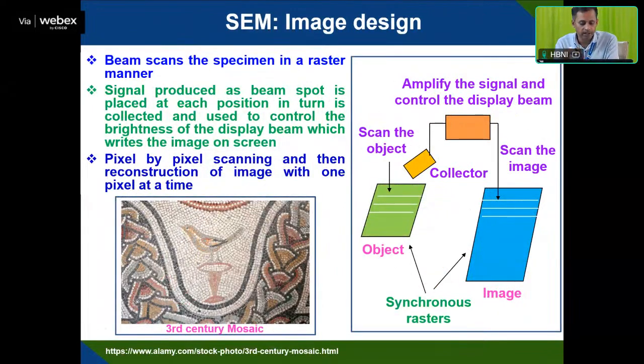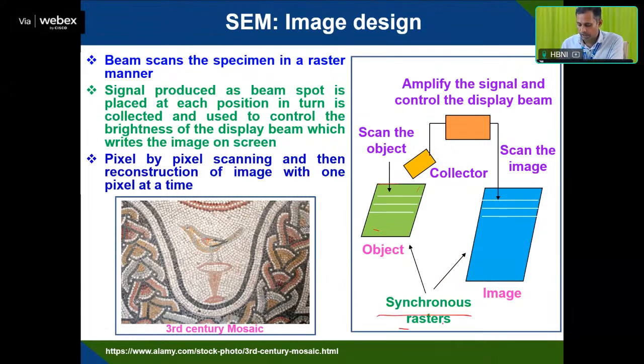So how does it scan? In SEM, the beam scans the specimen in a raster manner. You have an object, and the scanner scans the surface like this, then it goes to the collector, and finally it reaches the image, which is produced in a similar manner.